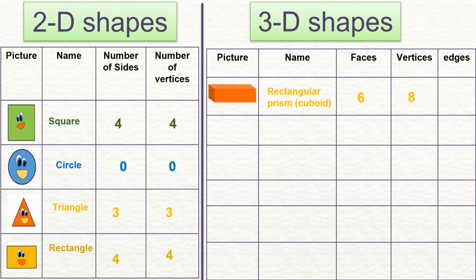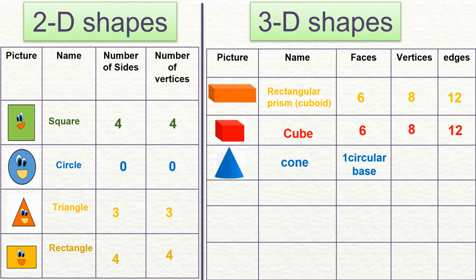The edge is a line where faces meet. So 12 edges. Then we have cube. How many faces? There are 6 faces. And how many vertices? 8 vertices. And also 12 edges.